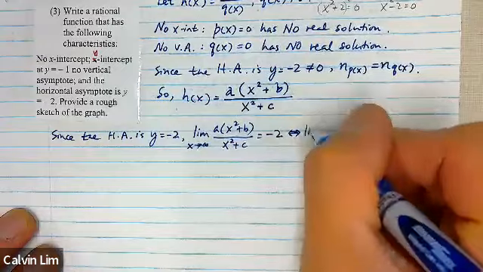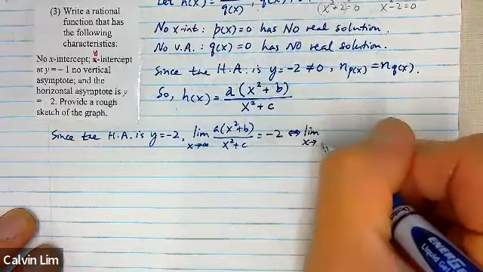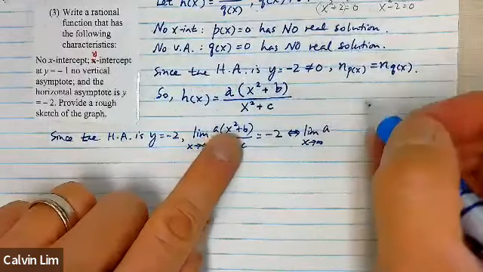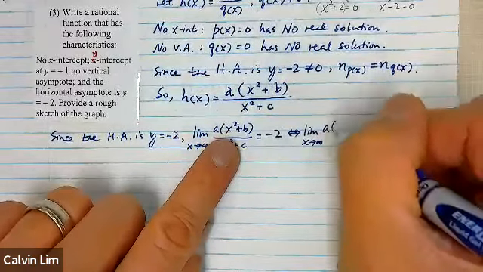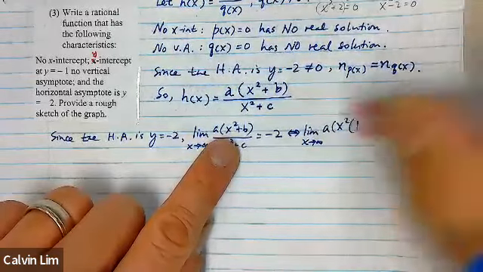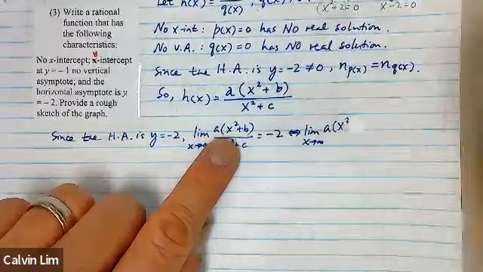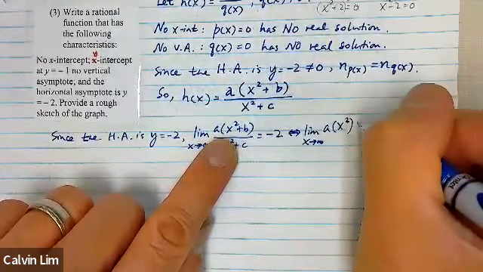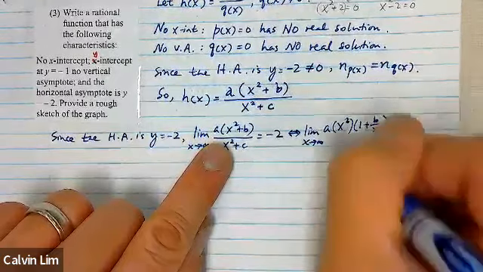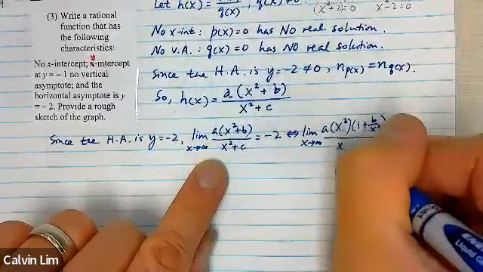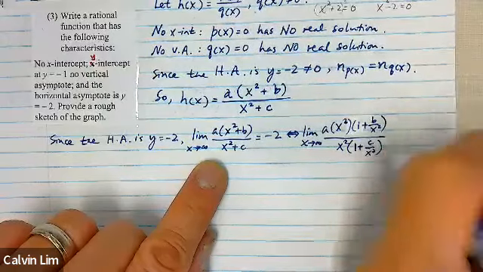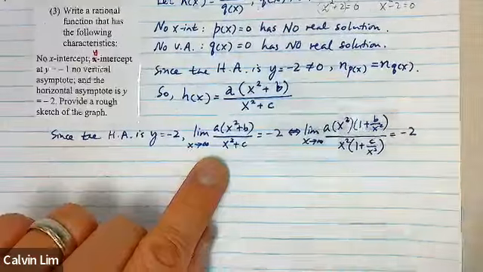So I can use the same strategy that I've used in the last two questions, that is to common factor out the highest degree in each factor. In this case it is x squared, so I get x squared times (a plus b over x squared) over x squared times (1 plus c over x squared) equals -2.